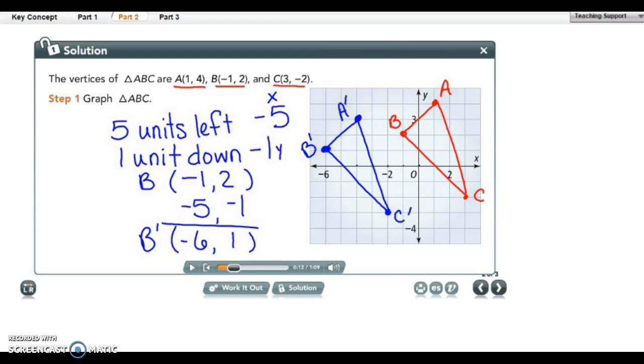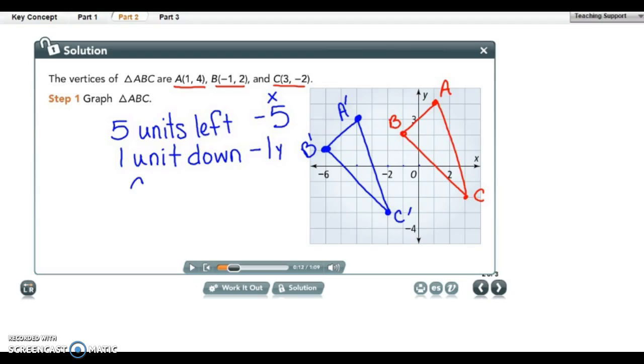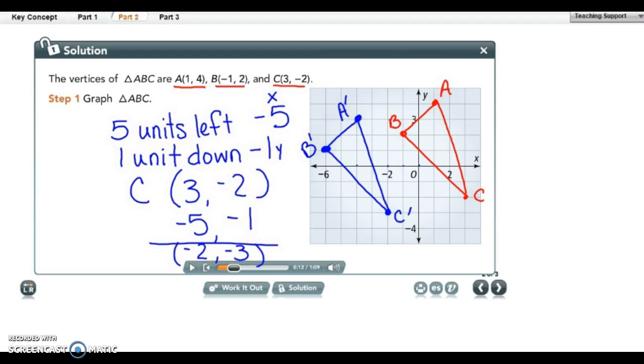It's right here. And then C is going to be exactly the same thing. So C is going to start out 3, -2. We're going to go ahead and take away our 5 for our X and 1 for our Y. So we're going to land at -2, -3 for C prime, which is in fact where our C prime is at.